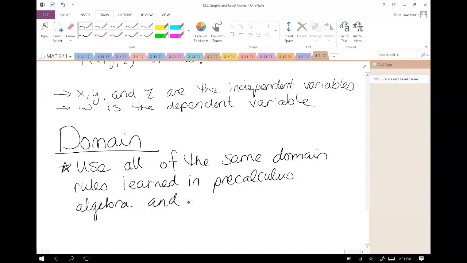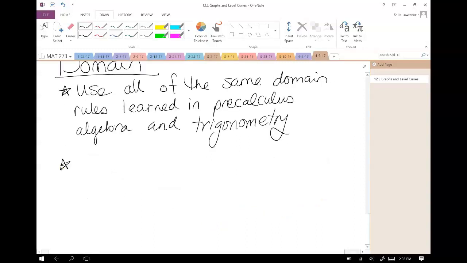We're still going to be using all of those same domain rules that we learned in pre-calculus algebra and trigonometry. We reviewed them a little bit when we started talking about domain of a vector valued function. What's going to be a little bit different here is because we've got two independent variables, we're not going to be able to solve for a set of x values and a set of y values individually.